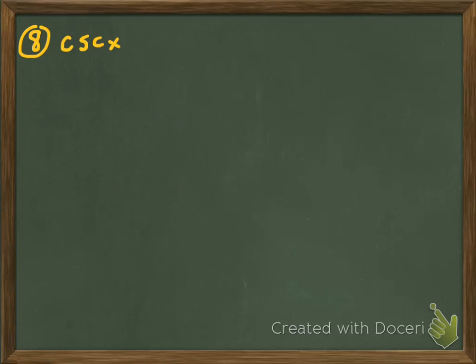Cosecant x minus cosecant x times cosine squared x equals sine x. Which one's the ugly side? The left is clearly uglier, right? So let's focus on the left side.